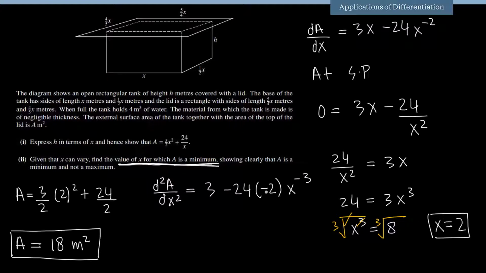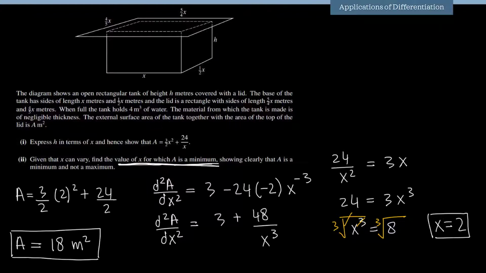Minus 24 times minus 2 is positive 48. So d squared A divided by dx squared is equal to 3 plus 48, and if I shift this x to the minus 3 to the denominator, I'll get x to the positive 3. This is the double derivative.